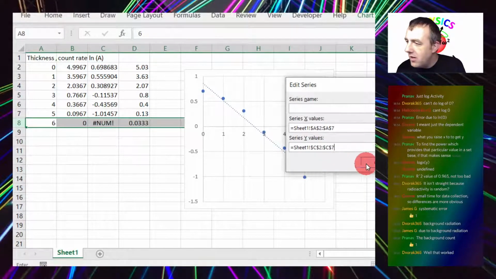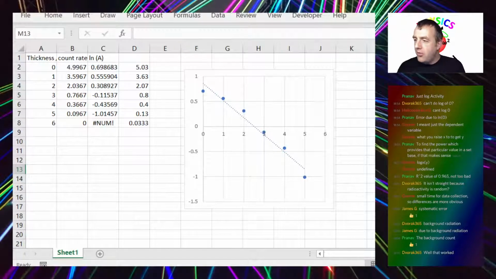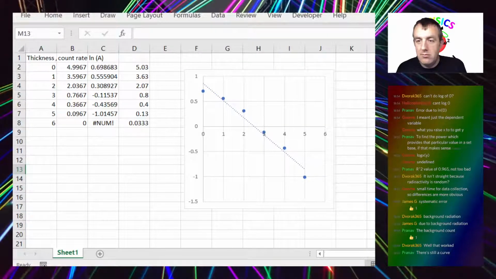Yeah, it didn't work as I wanted it to. Problem solved? There's still a curve. Yeah, absolutely. There is still a curve. So that wasn't the source of the systematic error.